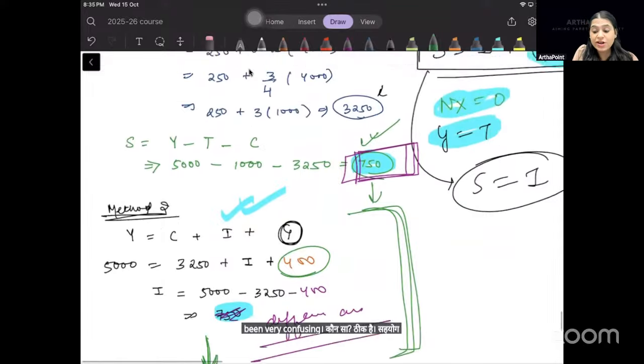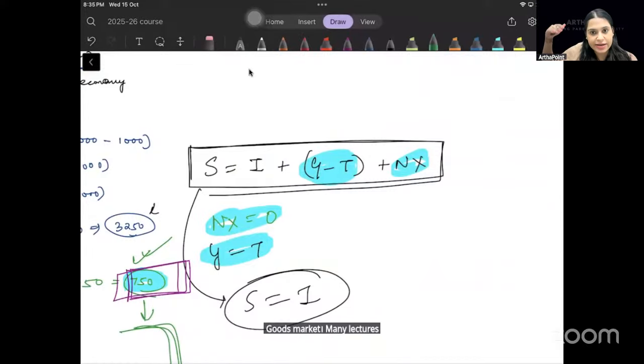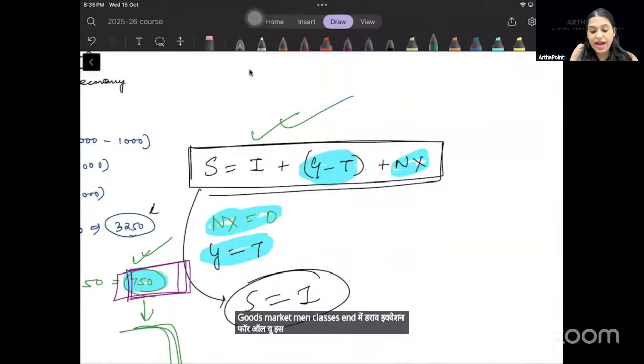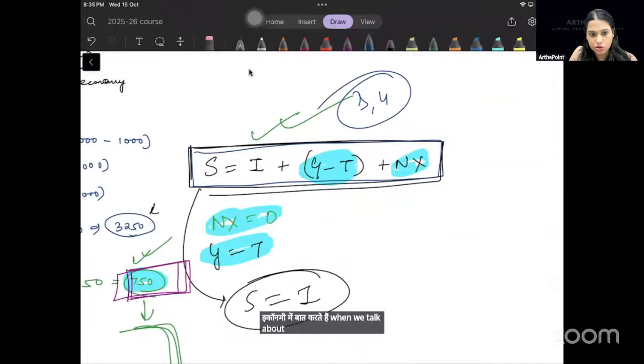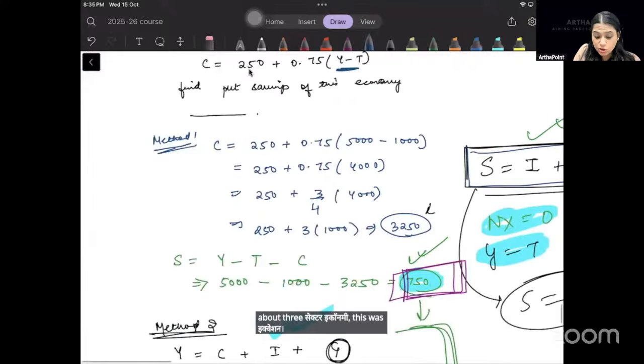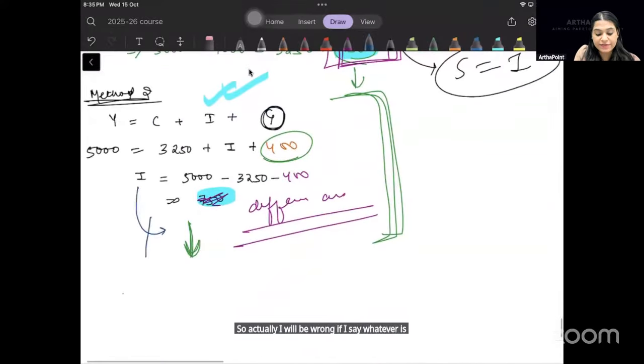So you go back to your lecture 3 days back, goods market. मैंने lecture class के end में I had derived this equation for all of you. Isn't it? And I had explained you internal balance, external balance, everything. So saving and investment beyond 2 sector economy, जब हम 3 या 4 sector economy में बात करते हैं, when we talk about a 3 sector economy or a 4 sector economy, this was the equation. So actually I will be wrong if I say whatever investment I get will be my savings.